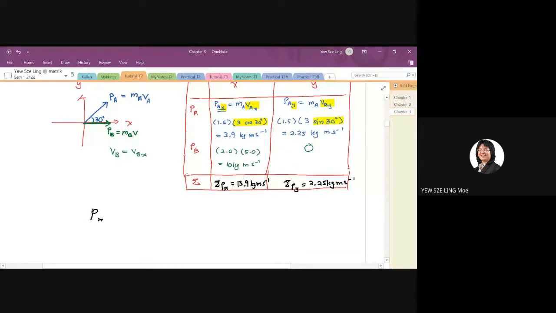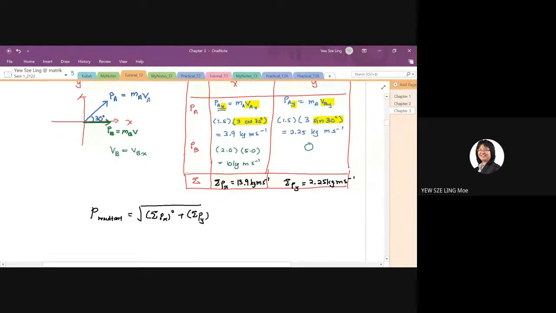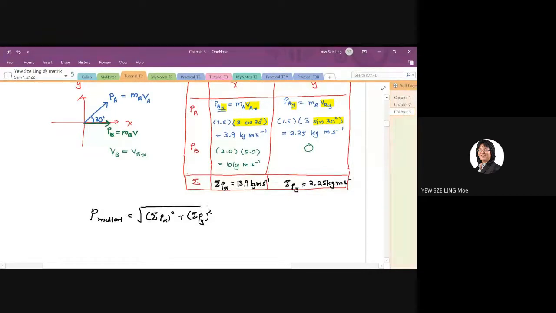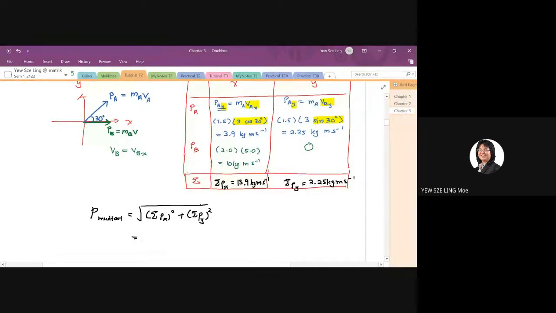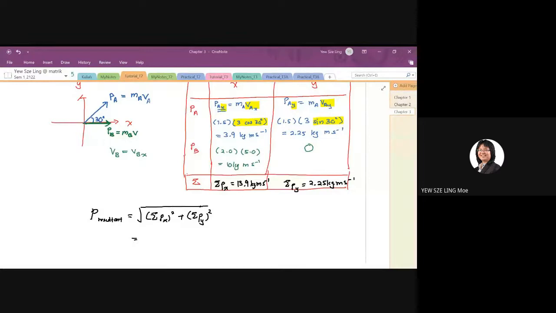So P resultant is equal to the square root of summation PX squared plus summation PY squared. So you substitute the values and eventually you are going to get a final answer, which is 14.08 kg m s^-1.